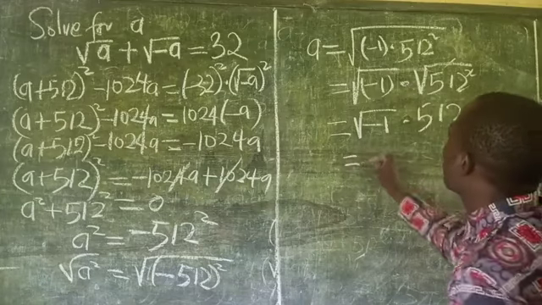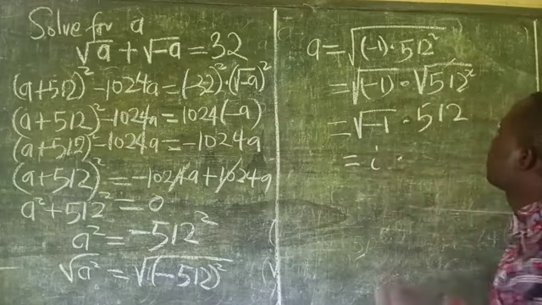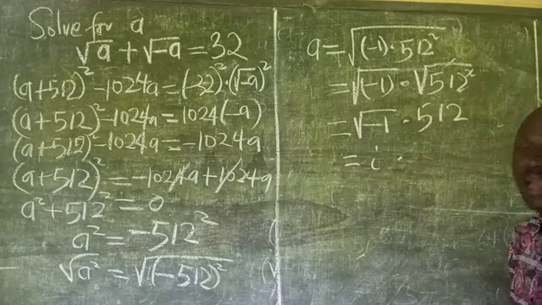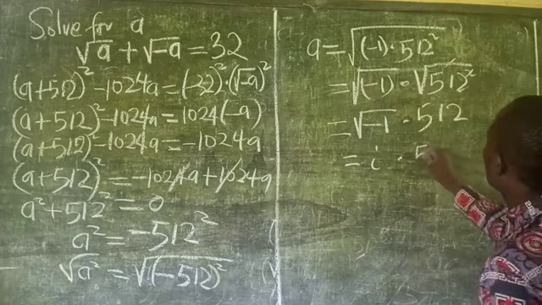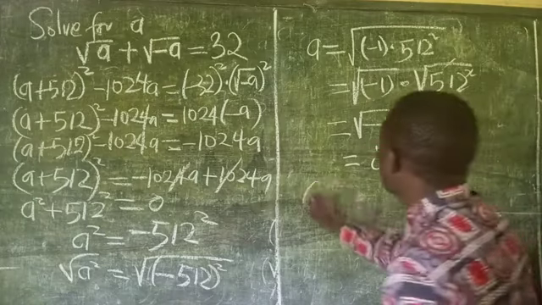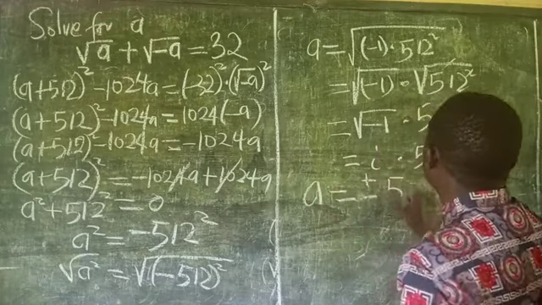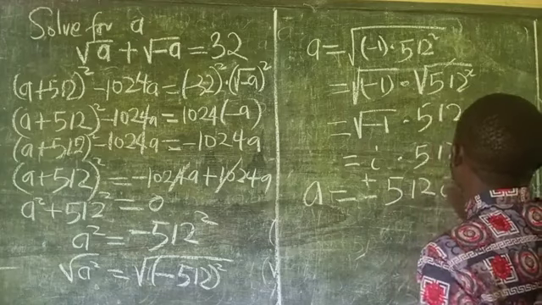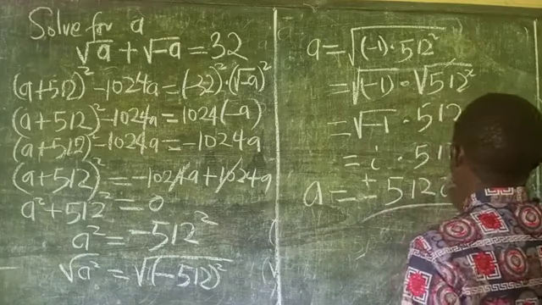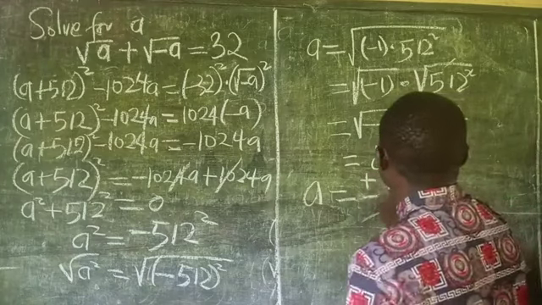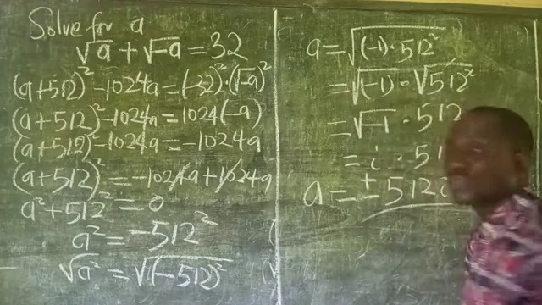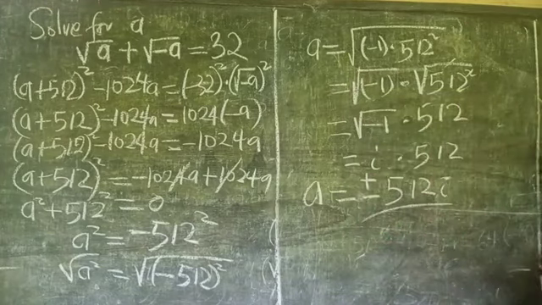The square root of minus 1 is i, so a is equal to plus or minus 512i. We're supposed to be putting that plus or minus, but eventually this is our answer.